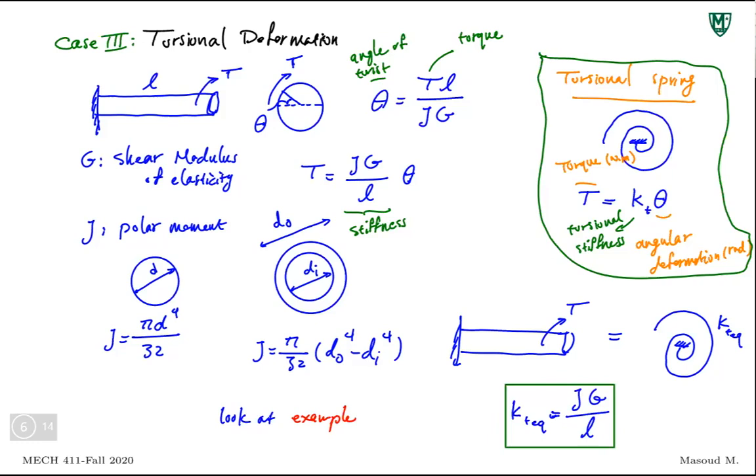Yes, it's 1.5.2. It's not about the torsional system, but it's a good example to show how you can model an airplane's wing as a cantilever beam, a very simplified version, and use what we found to find how its natural frequency changes.